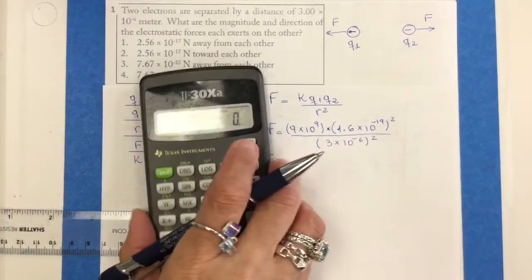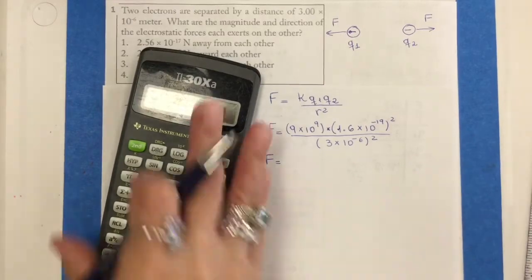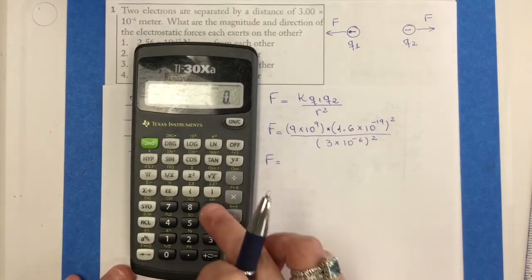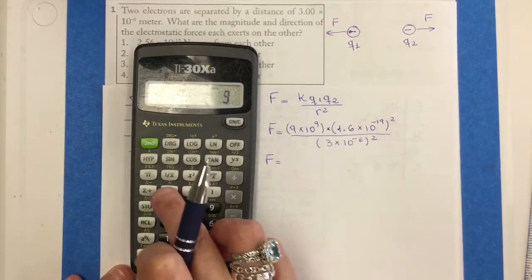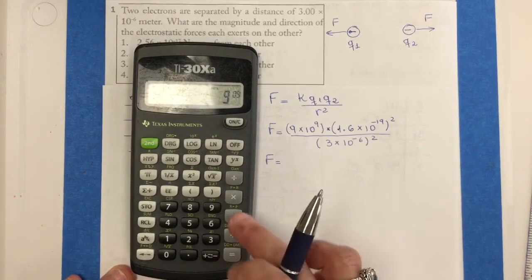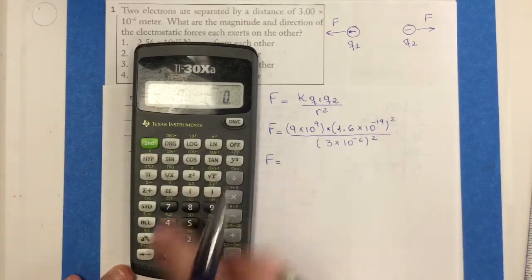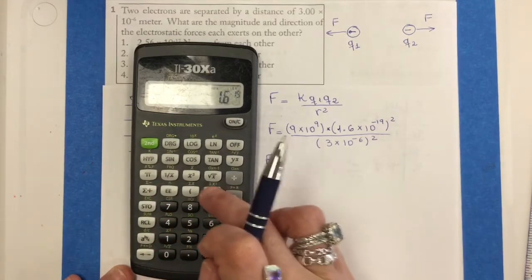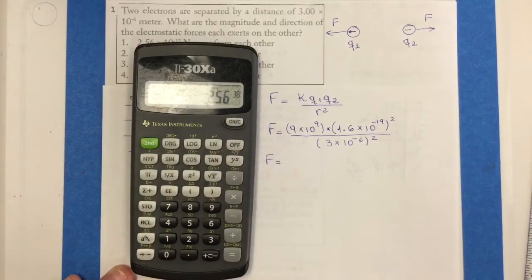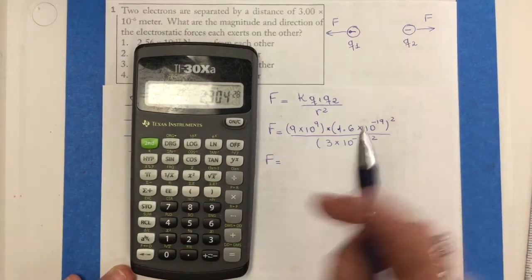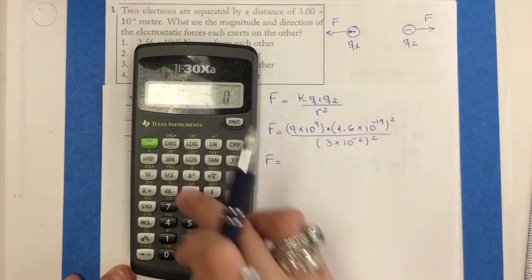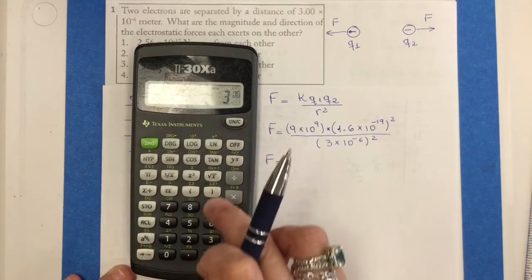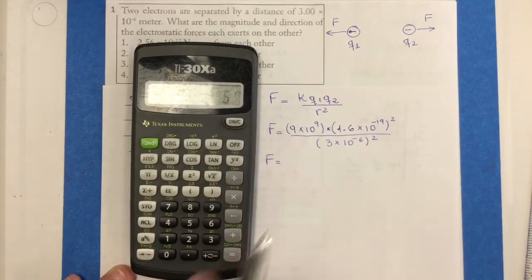Now we are using our calculator to plug in all these numbers and get the result using the proper key. So 9 times 10 to the 9, use EE to the 9, times, open parenthesis, 1.6 EE negative 19, close parenthesis, squared, equal, divided by, open parenthesis, 3 EE negative 6, close parenthesis, squared, equal.